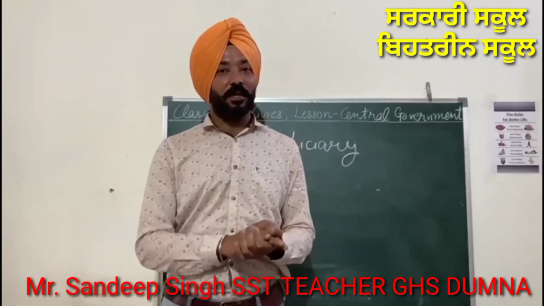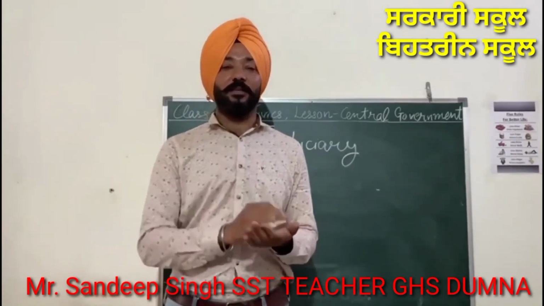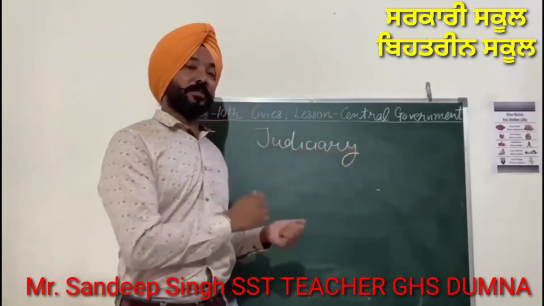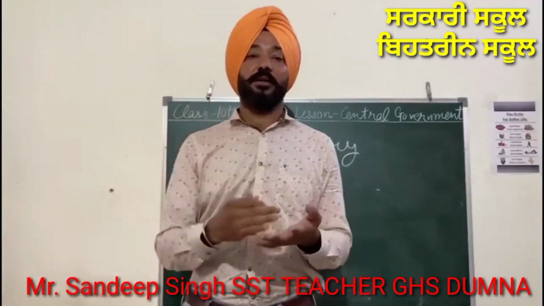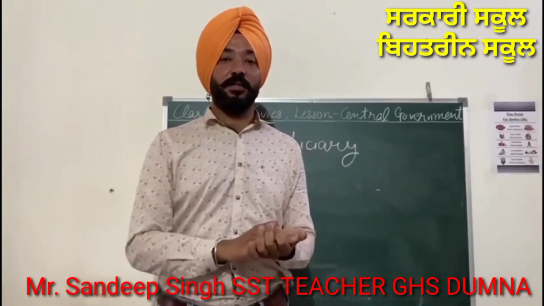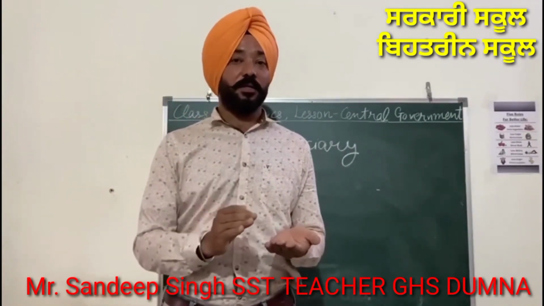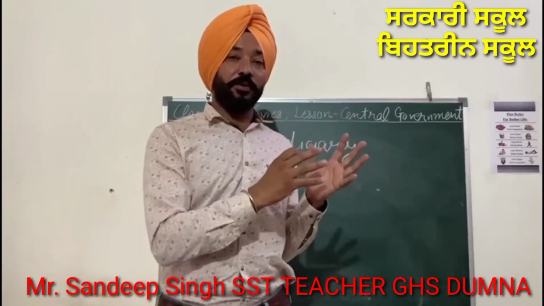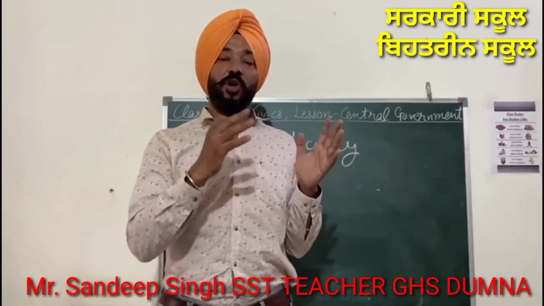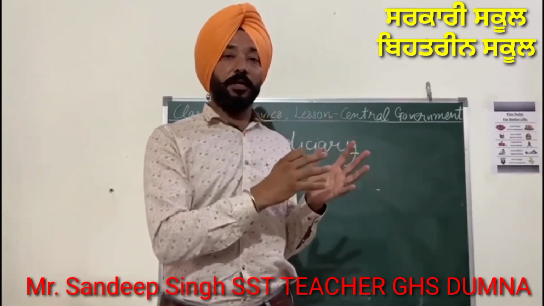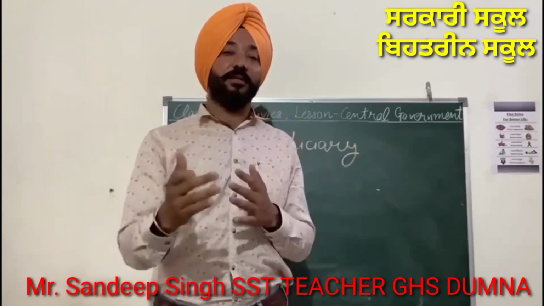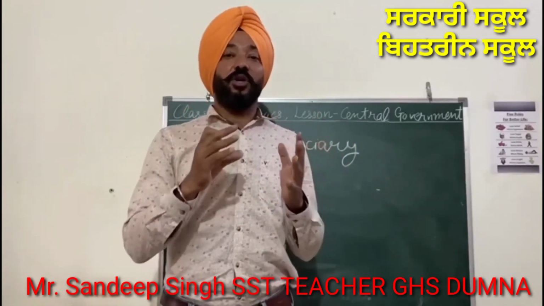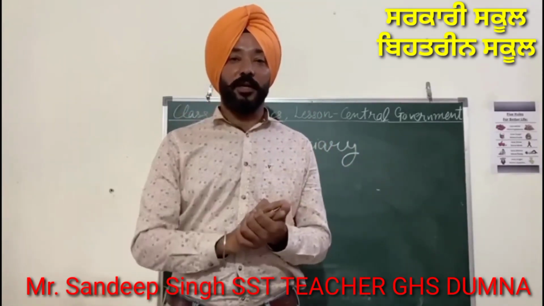I am saying this because it has given immense power to our judicial system. Our judges are free to take their decisions, and it is a must because they have no pressure on their mind and no compulsion, and they can take their free decisions, and it can give fair justice to the people of our country.